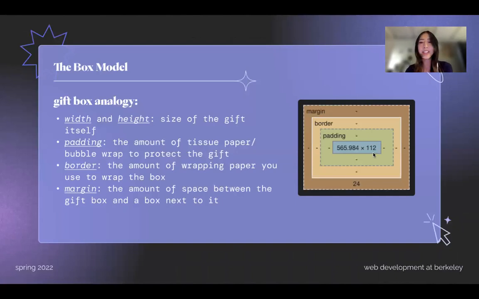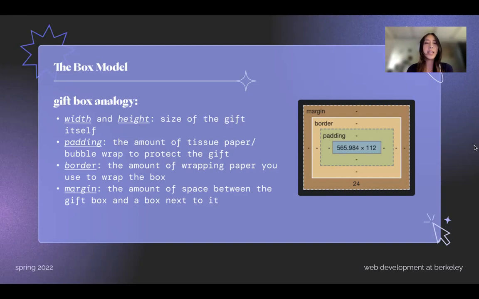Okay, so next I'll talk about the box model, which is super common when talking about designing and styling websites. Maybe some of you have seen this image before. If you've played around with inspect element, this little box model is usually at the bottom of that little sidebar.